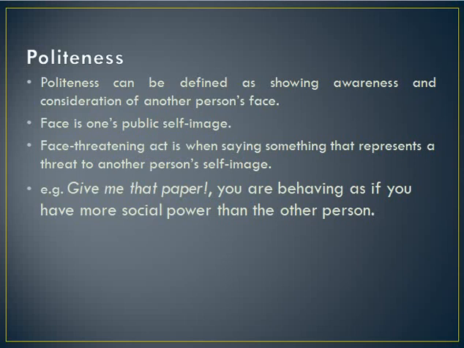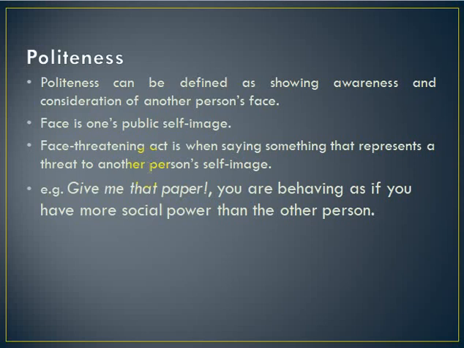Well, if any imposition is leveled on the negative face, on the speaker's negative face, then we will have a face-threatening act, which is saying something that represents a threat to the person's self-image, or to the person's face in general.